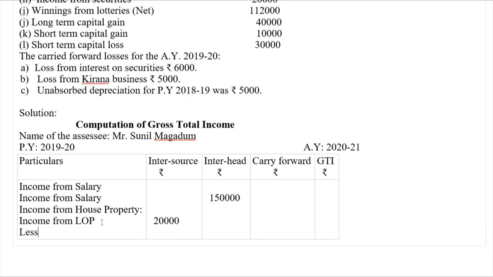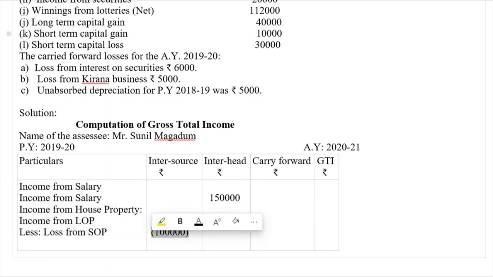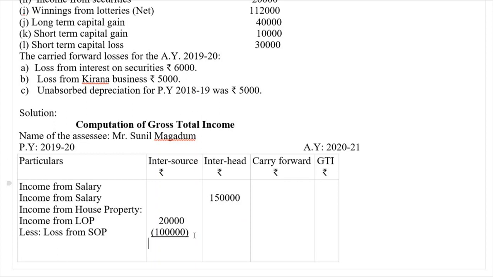So less loss from SOP, so it is 1 lakh. So let me write in the bracket here. So 1 lakh. Let me underline here. So there is a difference of rupees 80,000.